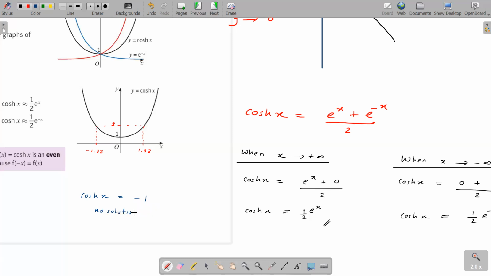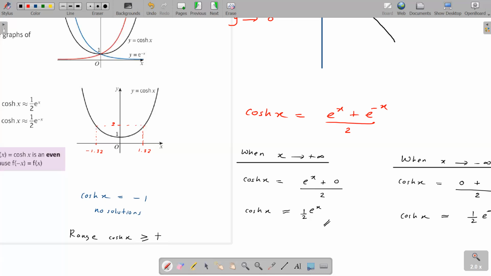These are some important things you need to remember. Basically, the range of the cosh x graph is greater than or equal to plus 1. That's really important.